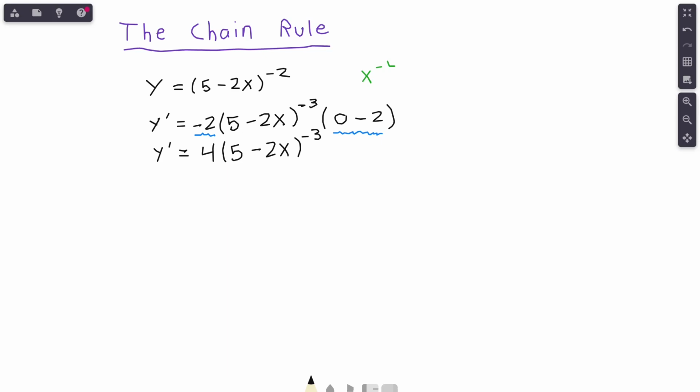but you might also see this written in a different way, where we get rid of this negative exponent. Anything to the negative power is the same thing as 1 over that to the positive power. So this can also be rewritten as 4 times 1 over (5 minus 2x) to the positive 3.